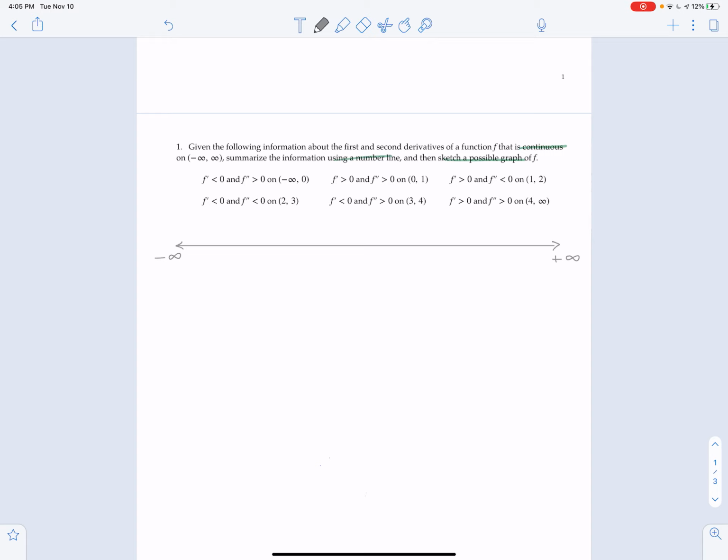So from negative infinity to 0, from 0 to 1, from 1 to 2, from 2 to 3, from 3 to 4, and from 4 to infinity. I'm actually going to spread these out a little bit just so we have some room to work.